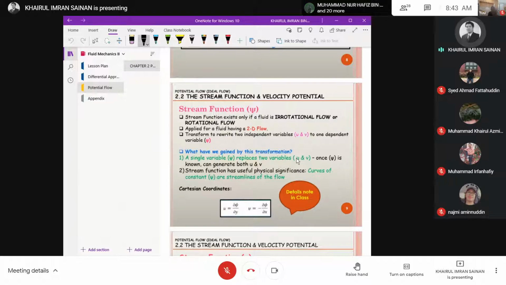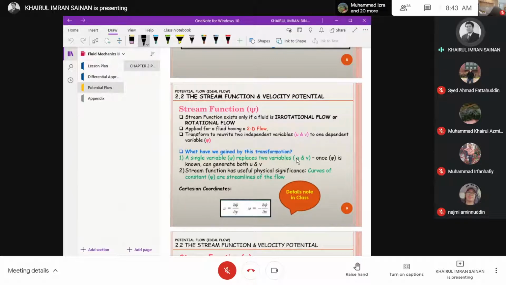The symbol is psi, pronounced SAI, as simple as that. You can Google that. The stream function exists whether the flow is irrotational or rotational.